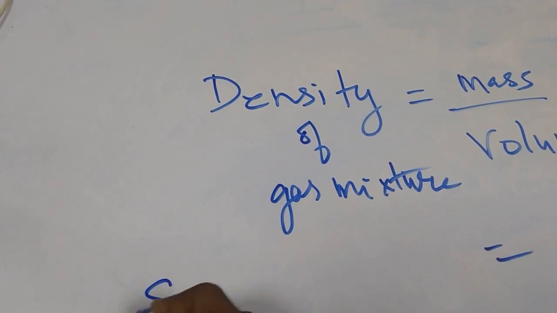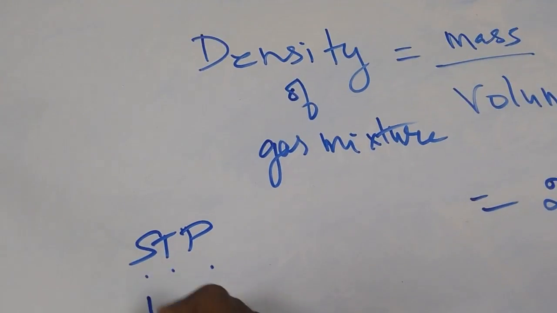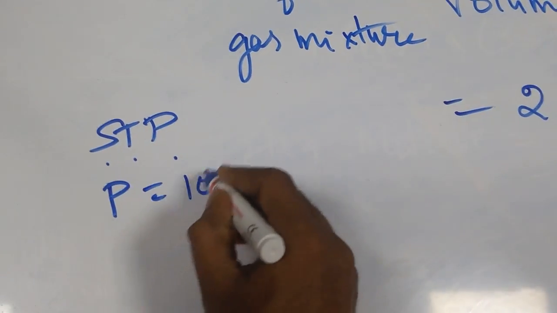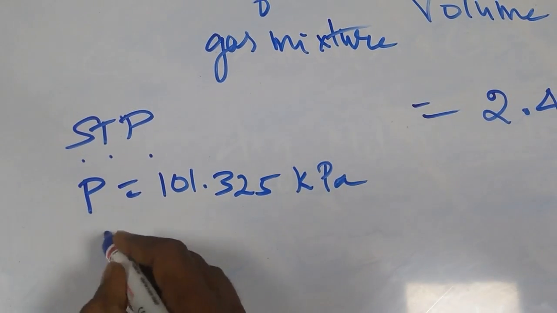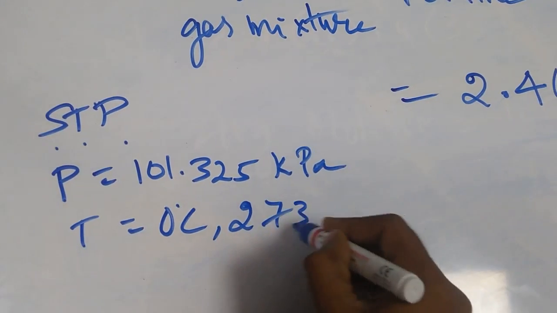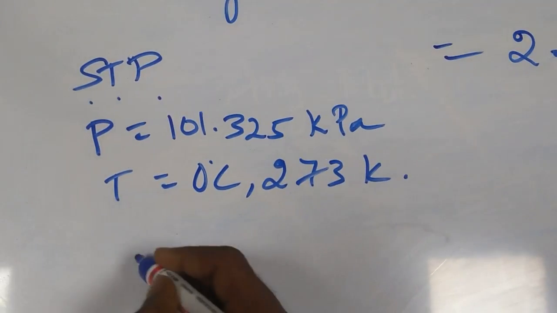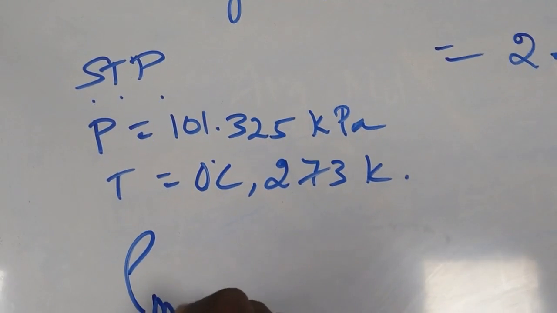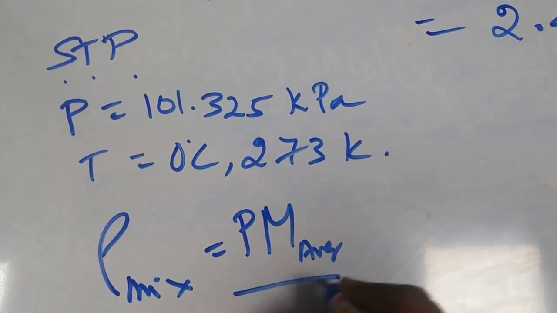It is given STP condition, standard temperature and pressure. Pressure is equal to 101.325 kilopascal. Temperature is 0 degree Celsius, that is 273 Kelvin, right? So the density of a mixture is PM by RT.